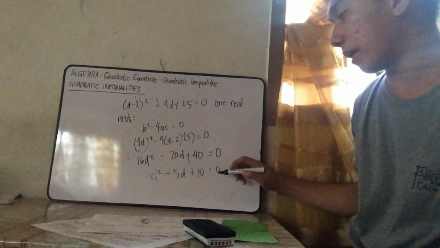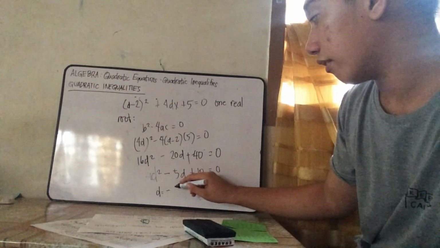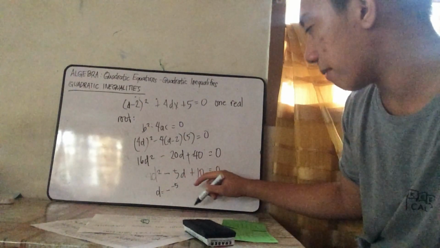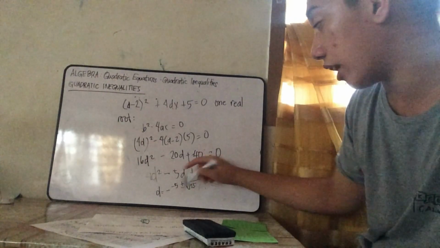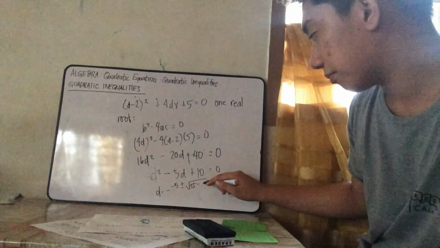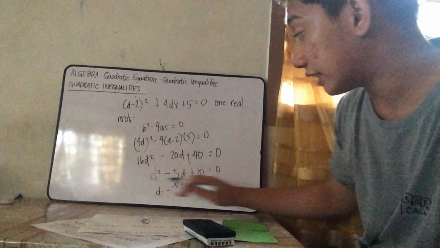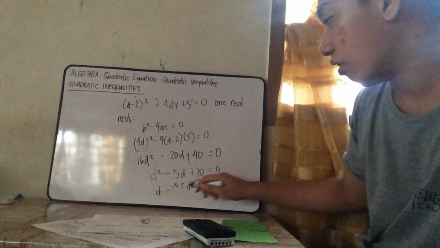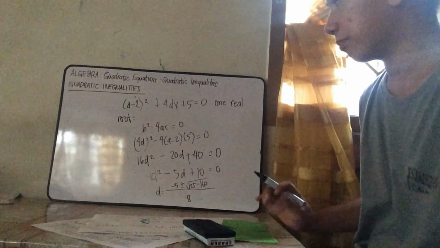Then, simply solve by quadratic formula. So, d is equal to negative 5, negative 5, plus minus square root of 25, kasi b squared, minus 4 times 4, 16, times 10, over 2 times 4 is 8. Negative na siya.